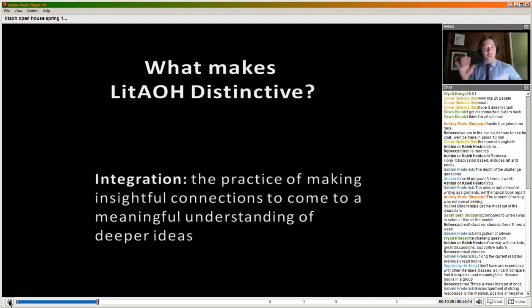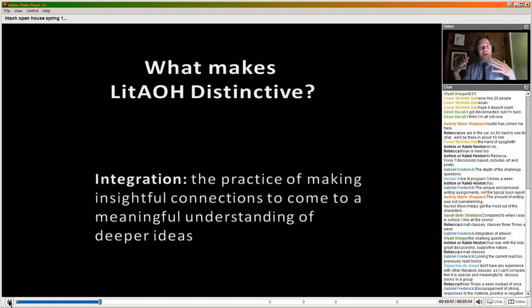It's not superficial, and it's not something that feels like it's trying to cram things together. And it's not something that the teacher imposes on the student and says, these two are connected.